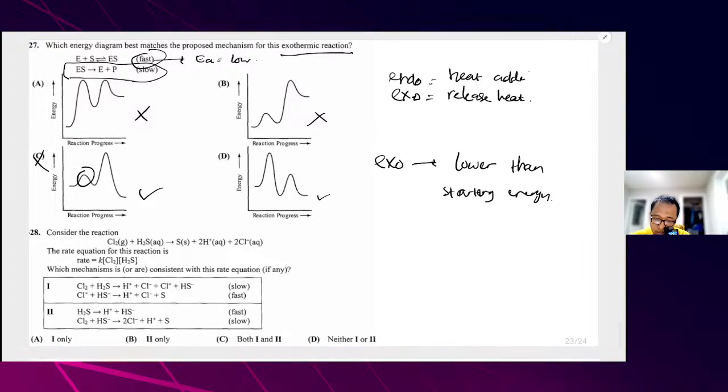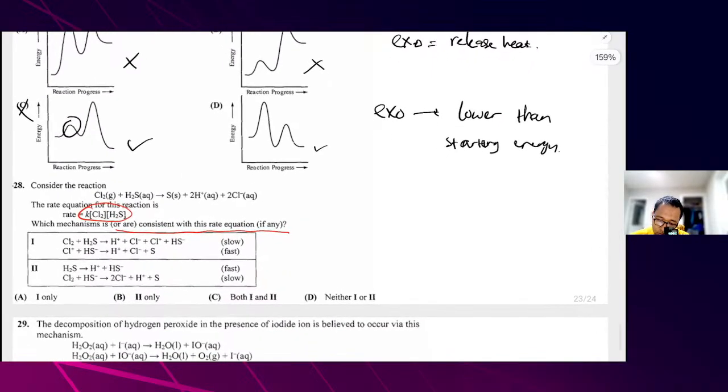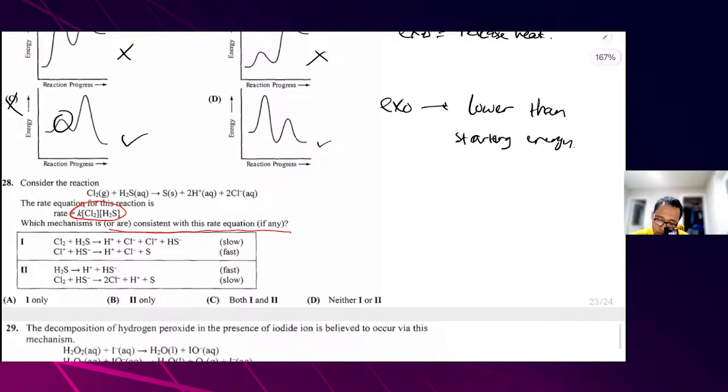Okay, good. Number 28. Which mechanism is consistent with this rate equation? We know this is the equation. Then which one is consistent? Cl2 and H2S.